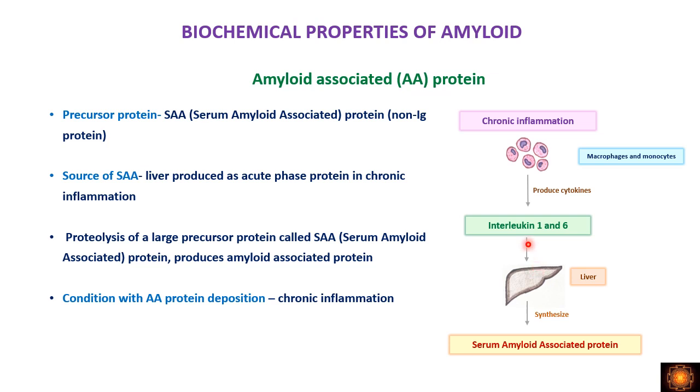Under the influence of interleukin 1 and 6, these hepatocytes produce serum amyloid associated protein. Further, this serum amyloid associated protein undergoes proteolysis to produce amyloid associated protein. So the condition where we see it is chronic inflammation, and the precursor protein is serum amyloid associated protein, which is a non-immunoglobulin protein. So that is about AA protein.